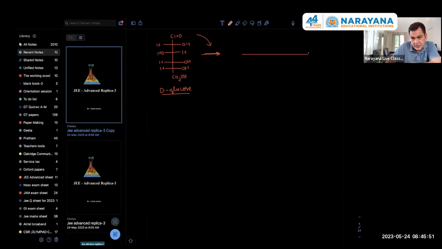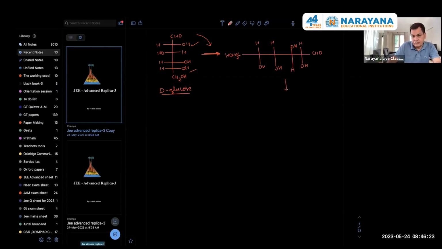When you lay it down, the CHO will be on this side and CH2OH on this side, and this OH will come down, the next OH again comes down, this OH again comes down, and the remaining are hydrogens.